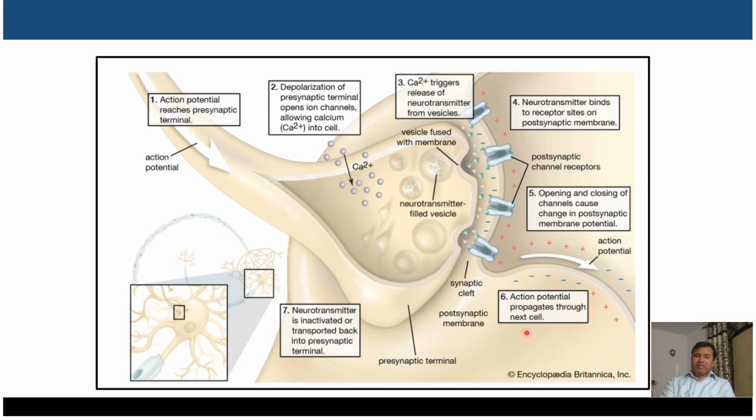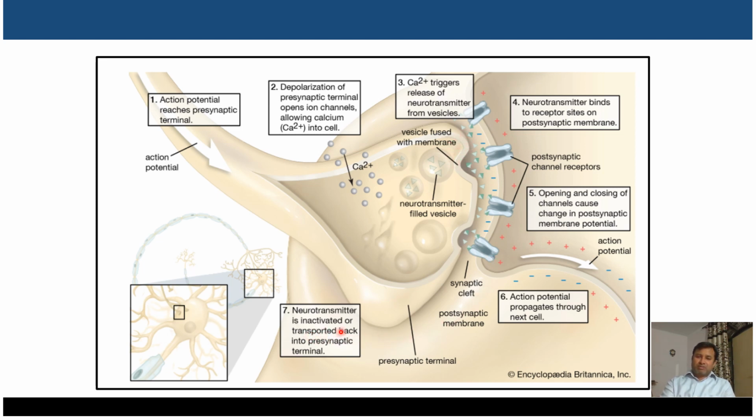If neurotransmitter remains in the synaptic cleft, it can be destroyed by the cholinesterase enzyme. Suppose the neurotransmitter is acetylcholine, so it is destroyed by an enzyme called cholinesterase, and the remaining neurotransmitter goes back in the reverse direction into the neurons by a reverse cycling process.